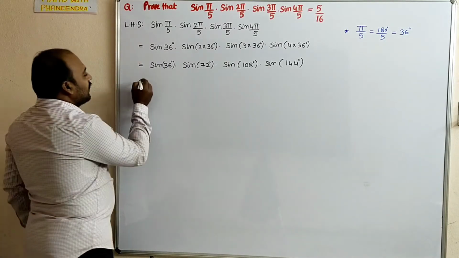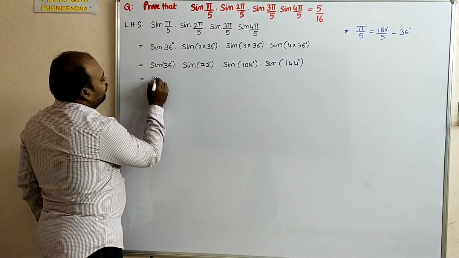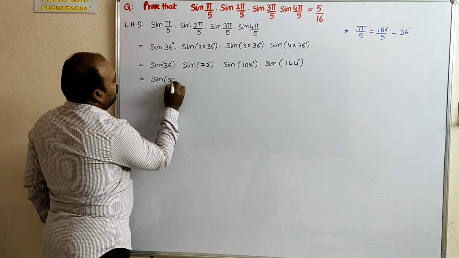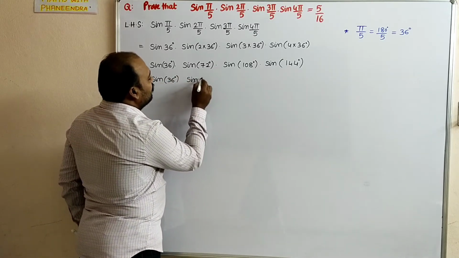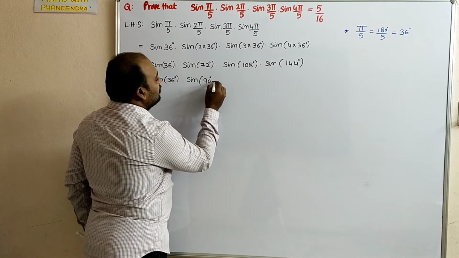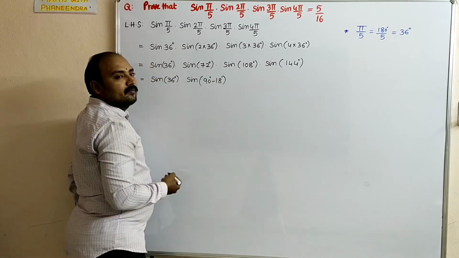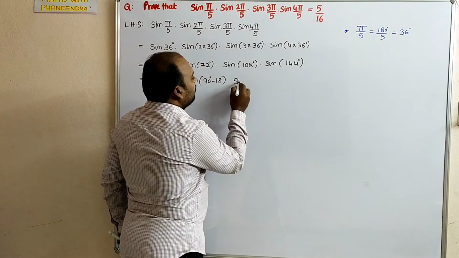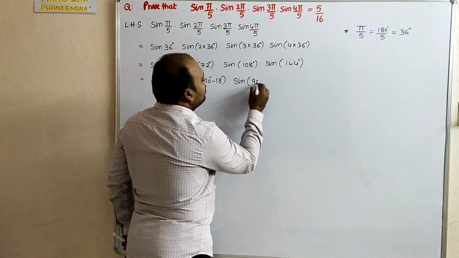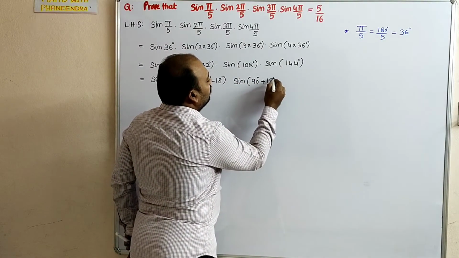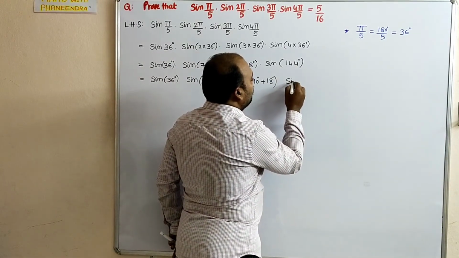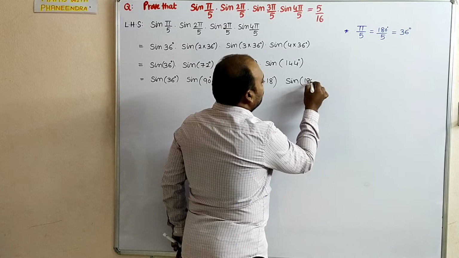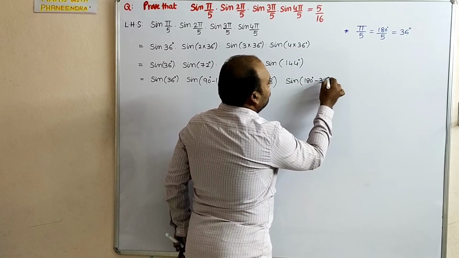So sin 36, sin 72 can be written as sin of 90 minus 18, sin 108 as sin of 90 plus 18, and sin 144 as sin of 180 minus 36.